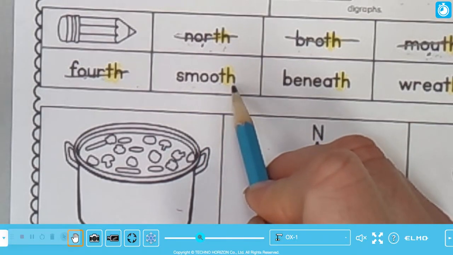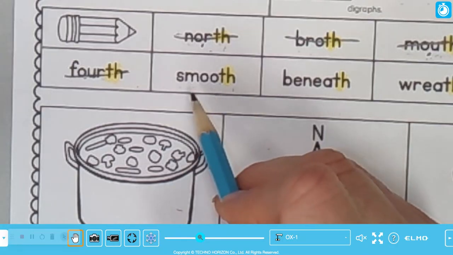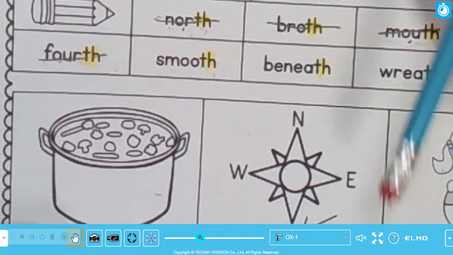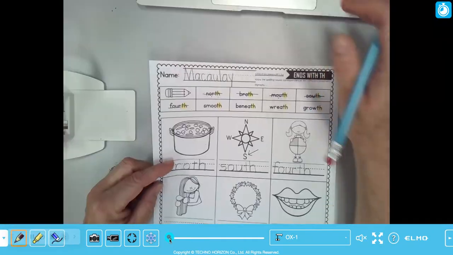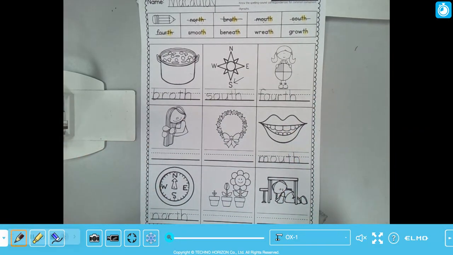Smooth. What's the word? Smooth. The word is smooth. That means no bumps. So let me go back, stretch out this page. Find the picture that shows smooth, no bumps. Yeah, her hair.